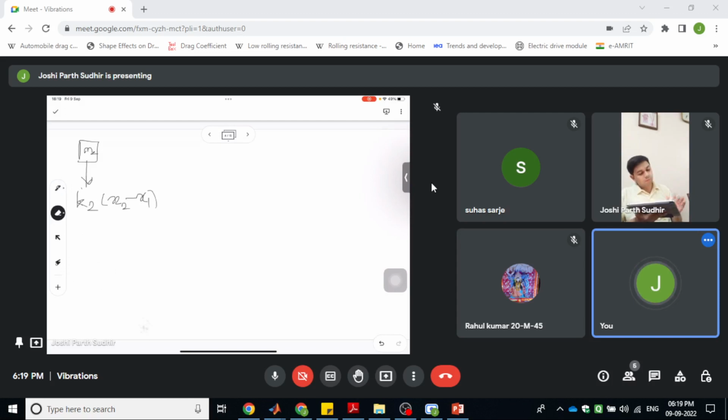This will be the force acting on this mass, and for the machine we will have the same force K2 into x2 minus x1, and along with that we will also have the other force K1 x1.